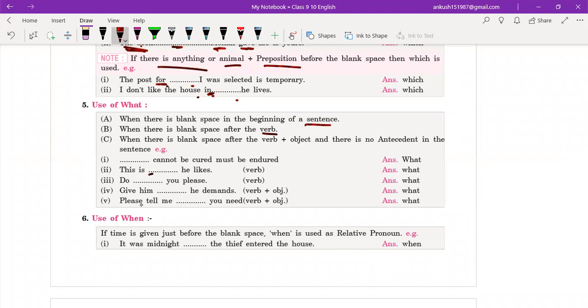When there is a blank space after verb plus object and there is no antecedent in the sentence, like do what you please. What you please in the sense, whatever you like to do. Give him what he demands. Verb plus object.